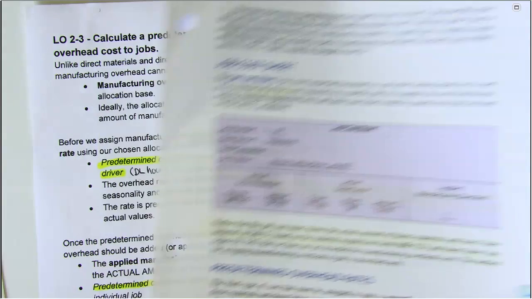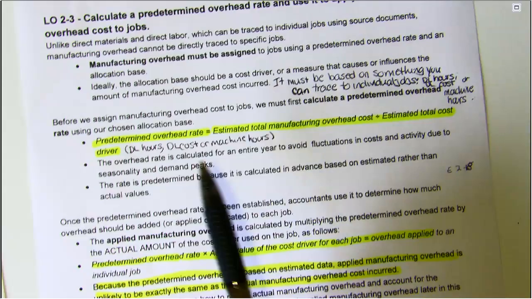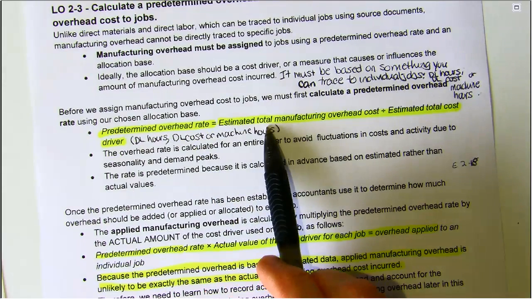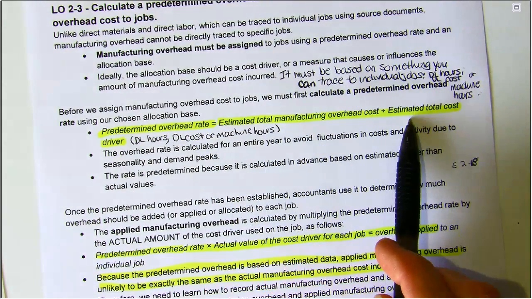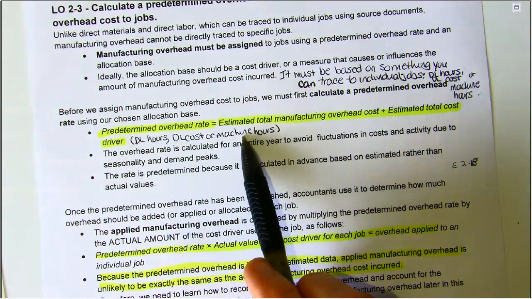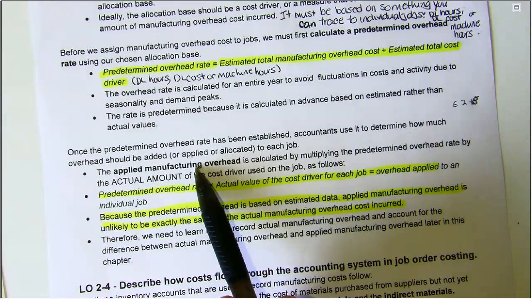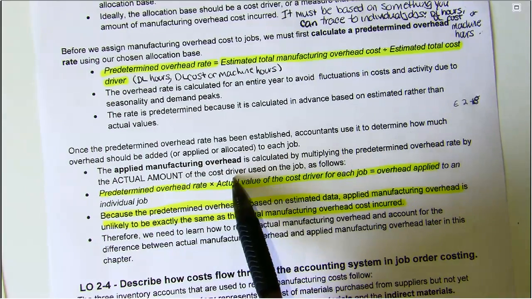Let's try this. And by the way, our notes take you through the same process, but I think the book did a really good job of doing that. Here's our formula: estimated total manufacturing overhead cost divided by estimated total cost driver or allocation base, which could be one of the three. We calculate the rate, and then we apply it based on the actual amount of the cost driver or allocation base.